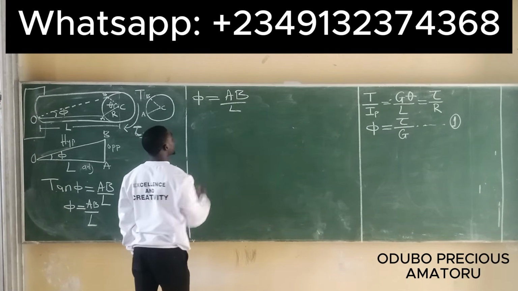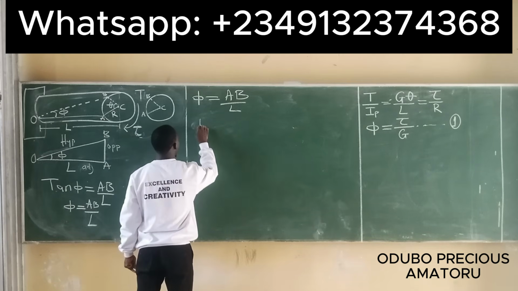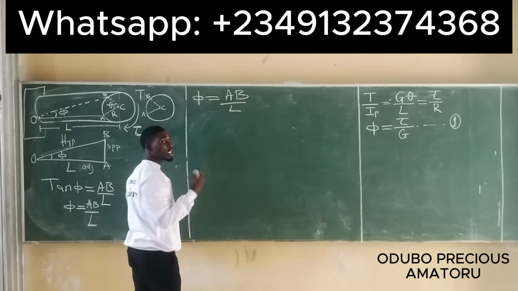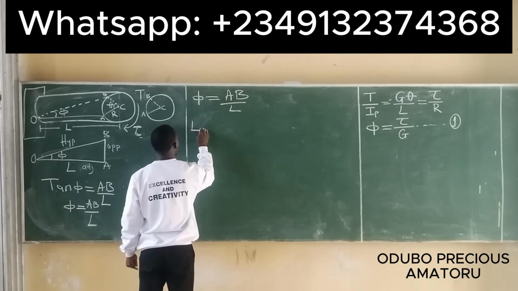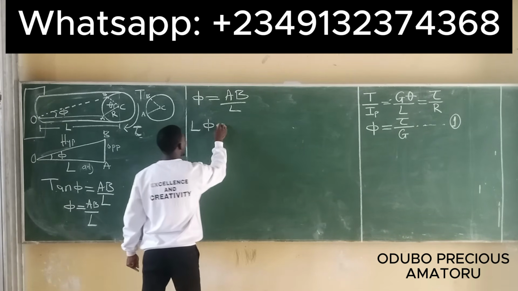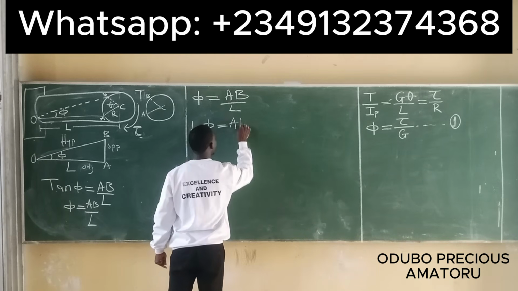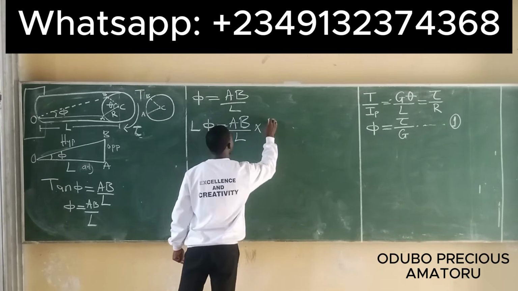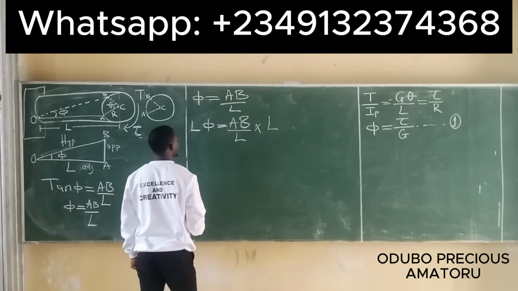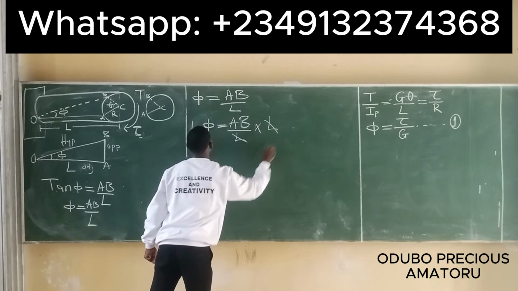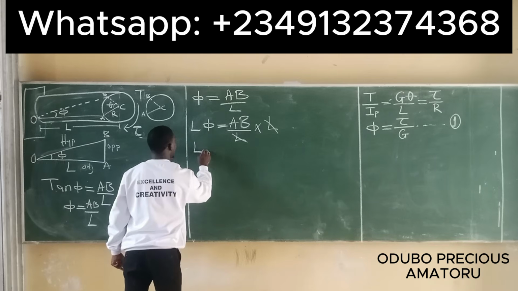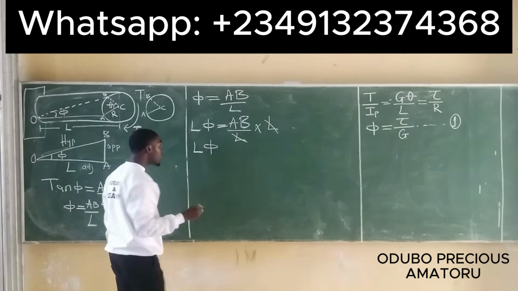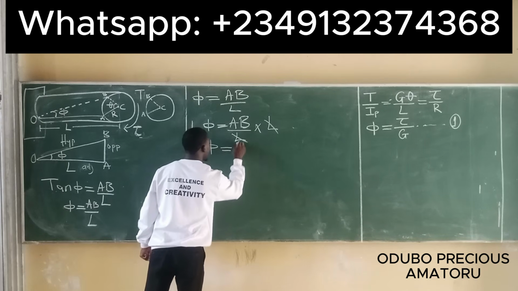From here, if you multiply both sides by L, we have L multiplied by phi equals AB all over L multiplied by L. So this can cancel out. What we have is that the length of the shaft multiplied by phi, which is the shear strain, is equal to AB.